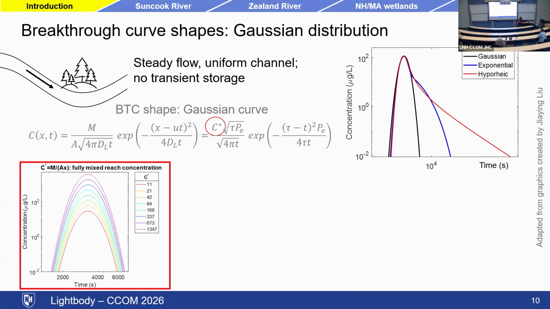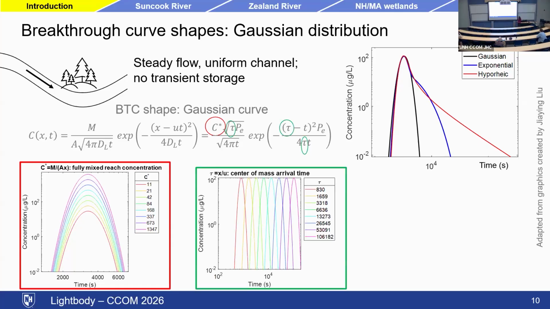My student Jia Yang plotted some curves that I find helpful in thinking about these equations, so I might as well share them with you. Here you can see the influence of the C star parameter, this theoretical fully mixed concentration. Not surprisingly, if you increase the fully mixed concentration, here by a factor of 100, the concentration that's measured anywhere within the reach increases.